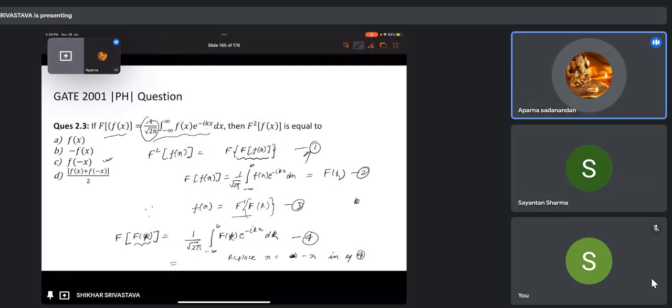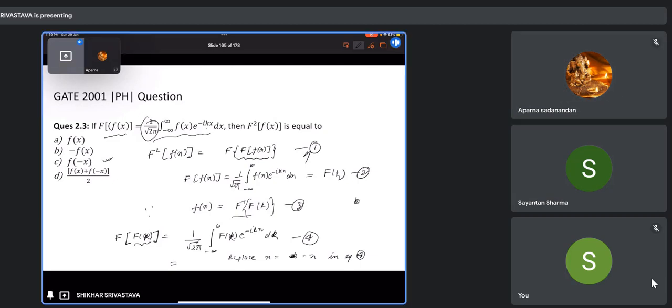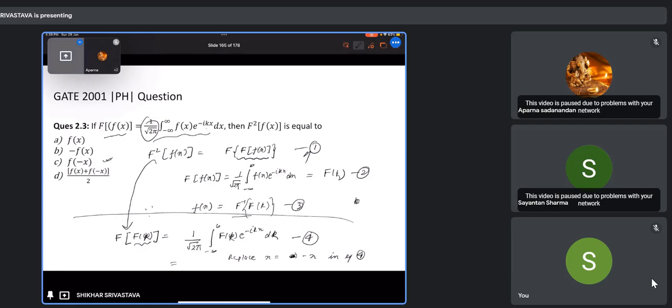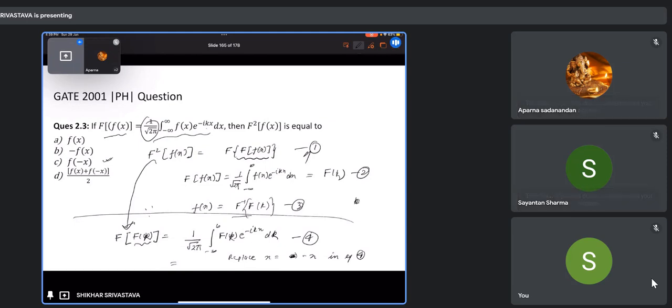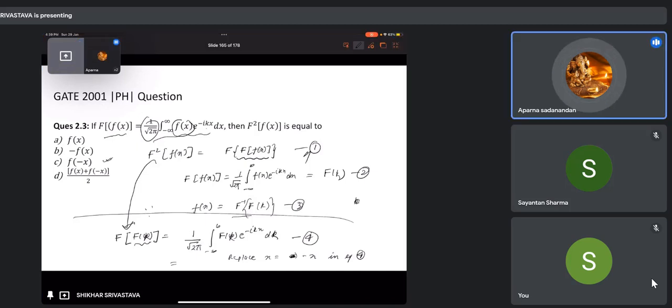Sir, you have taken the inverse form now in the third step. Yeah, after that, I have just tried to do this. Since the Fourier transform of any function can be written in this form, the Fourier transform of f of k, I've written by just replacing f of x with f of k. Okay, sir, clear.